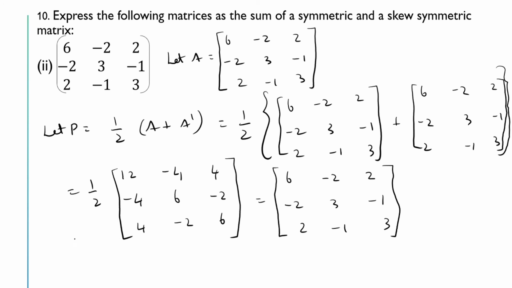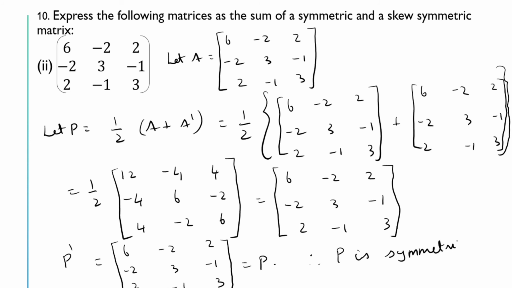Now let us take the transpose of P and check whether it is symmetric or not. So 6 minus 2, 2, minus 2, 3, minus 1, 2, minus 1, 3. This is equal to P. Therefore, P is symmetric.